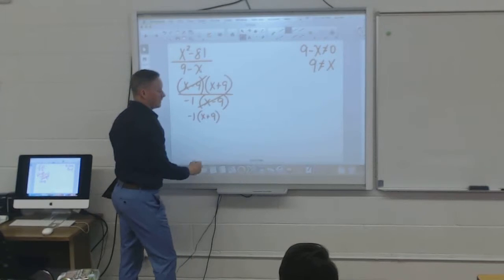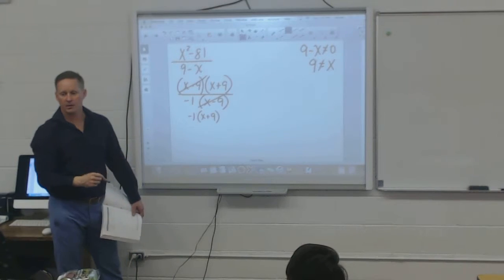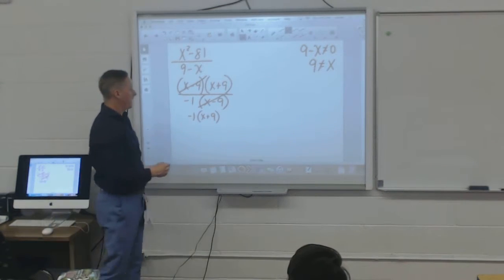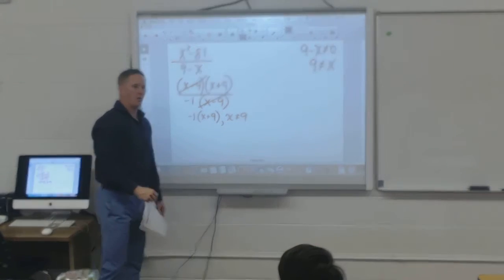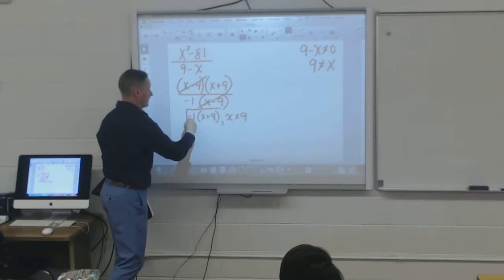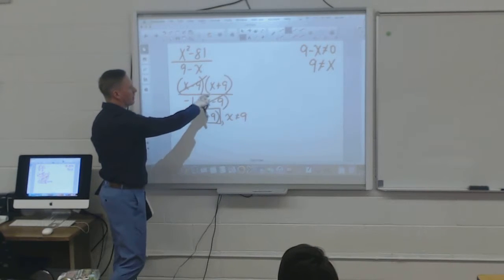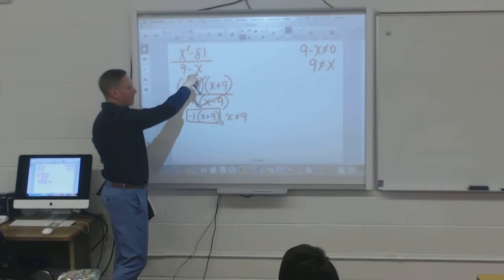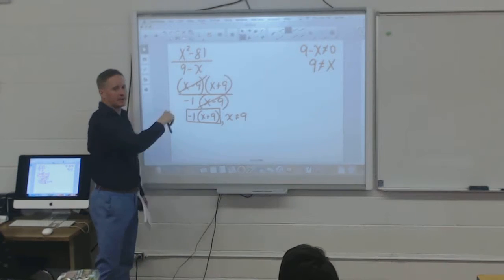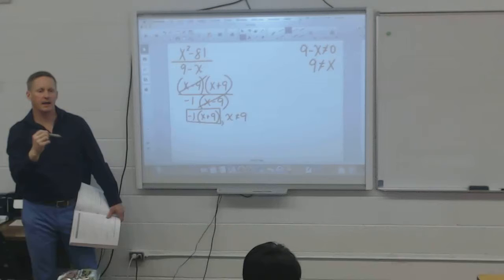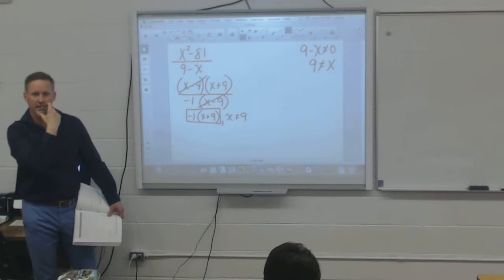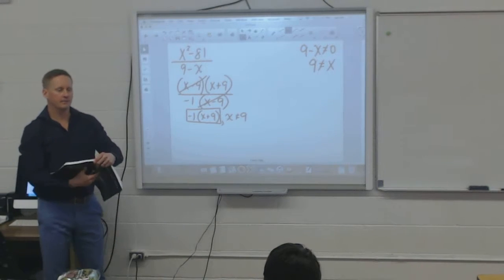That works too. Doesn't matter if the negative's on the top or bottom, as long as it's only on one. And then x can't equal 9. So this happens a lot. If your terms are reversed, so x subtract 9, 9 minus x, factor out a negative value and then you can cancel them. Okay?